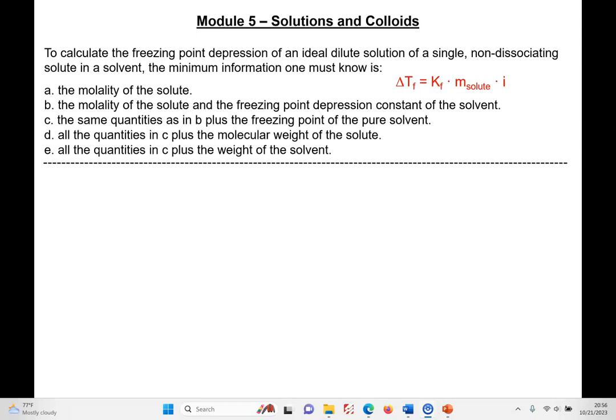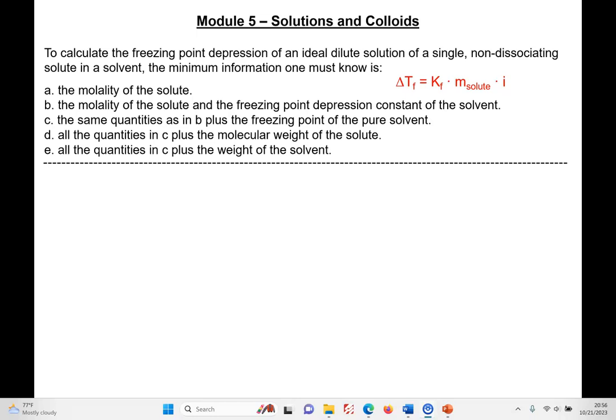All right, let's go through this. Here's our formula to compute the change in freezing point, otherwise known as the freezing point depression. It's our freezing point depression constant times the molality of the solute times i, the van 't Hoff factor.